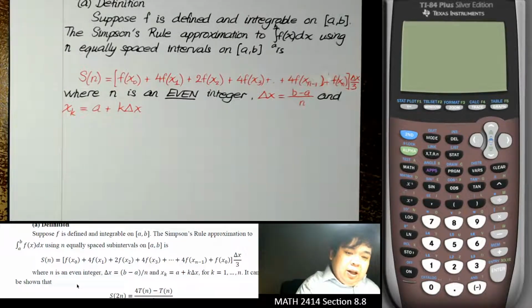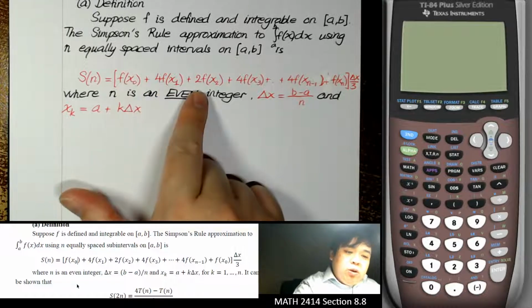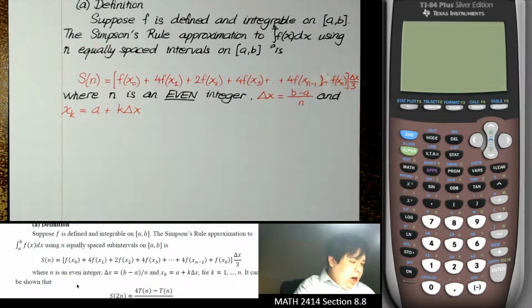So pretty much that. Notice the coefficients are 1, 4, 2, 4, 2, 4, 2. So how does that come about?